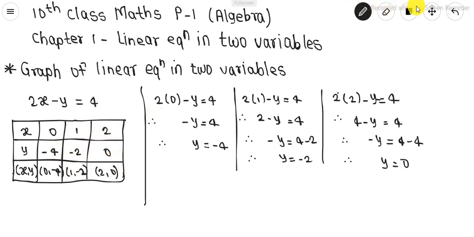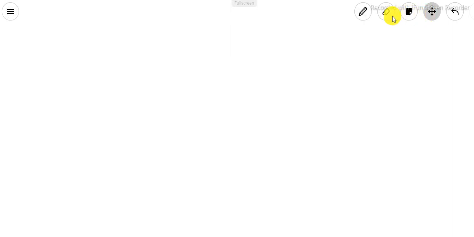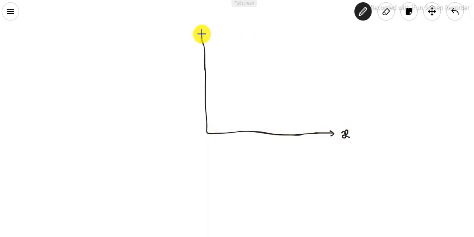Now see here how to draw the graph. All of you know the basic concepts for drawing the graph. That is, for drawing the graph we want two axes, the x and y axis. Suppose this is the y axis and this is the x axis. We extend this line because we have to draw the graph in all directions.